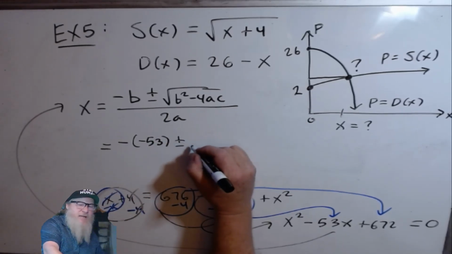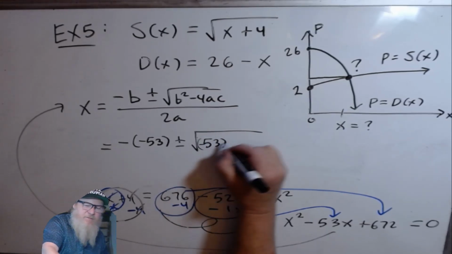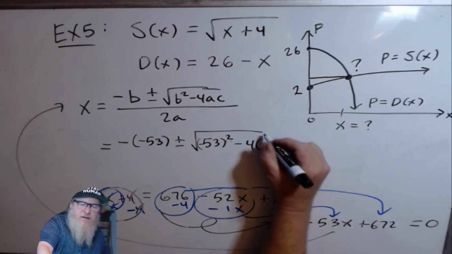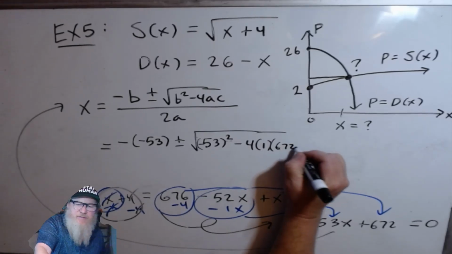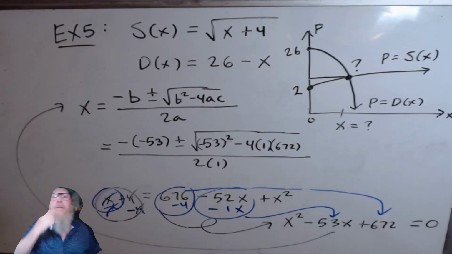So negative negative 53, negative 53 squared, minus 4 times 1 times 672, all over 2 times 1.